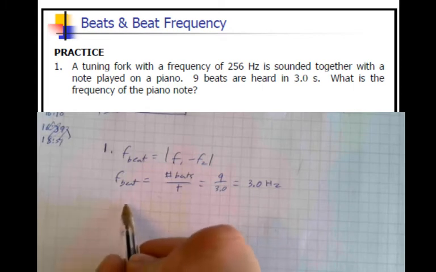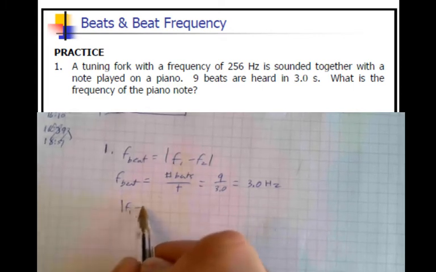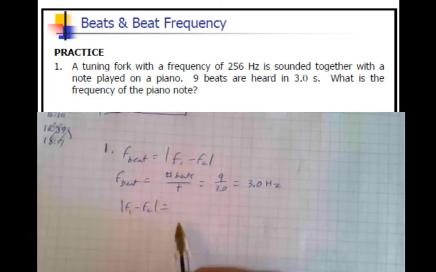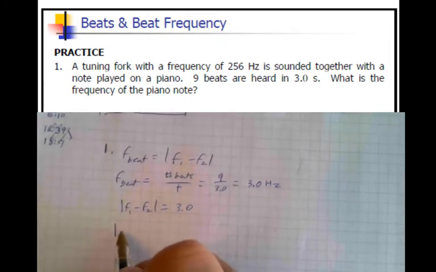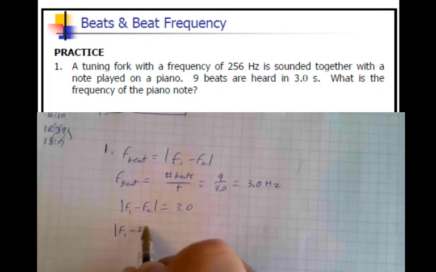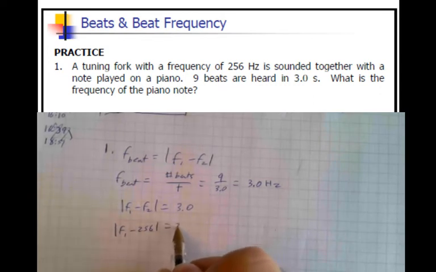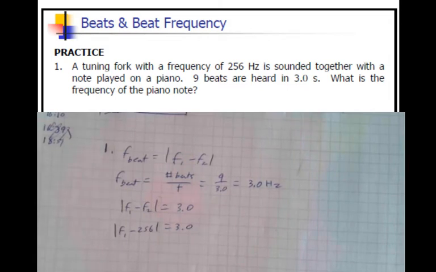We now know that this beat frequency, F1 minus F2, is 3 hertz. And we know one of these values is 256, and the other value is unknown.